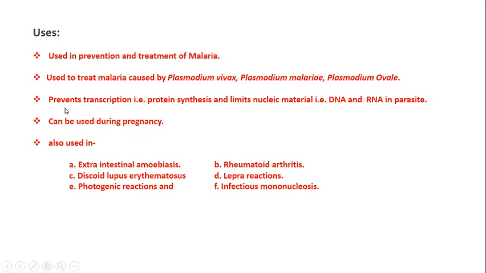How does it occur? How does it kill these various pathogens? By preventing the transcription, that is protein synthesis, and limiting the formation of nucleic material, that is DNA and RNA formation, in the reproduction of these pathogens, which get stopped by this drug.